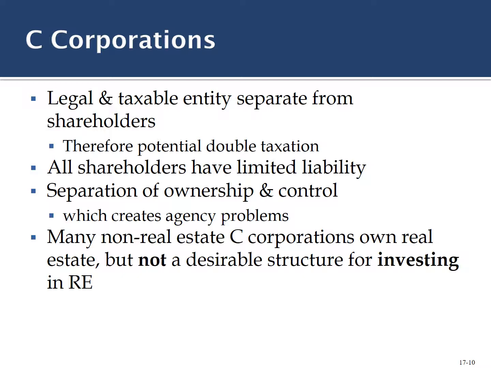C corporations, because of this, are not a desirable structure for holding property. Most properties that are held under a C Corp type ownership are corporate assets that are held by a company that works and operates out of that building location.